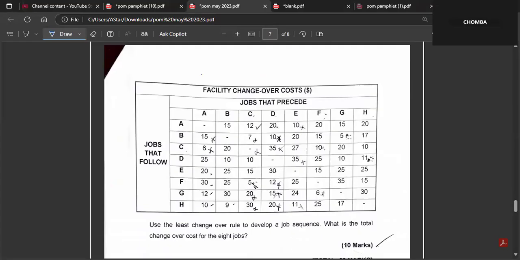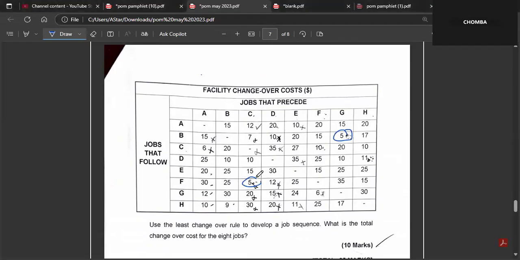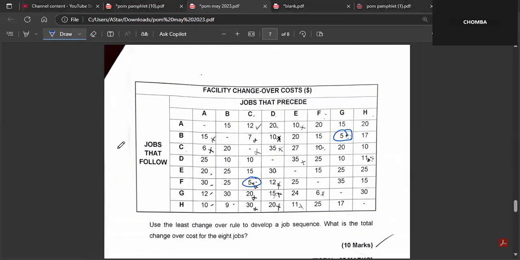Yes. On the changeover cost, we had identified 2 variables there, and our resolution was based on comparing the 2 from whichever sides we started from.